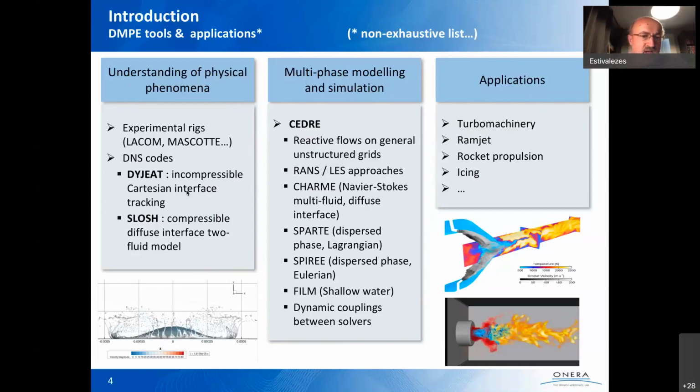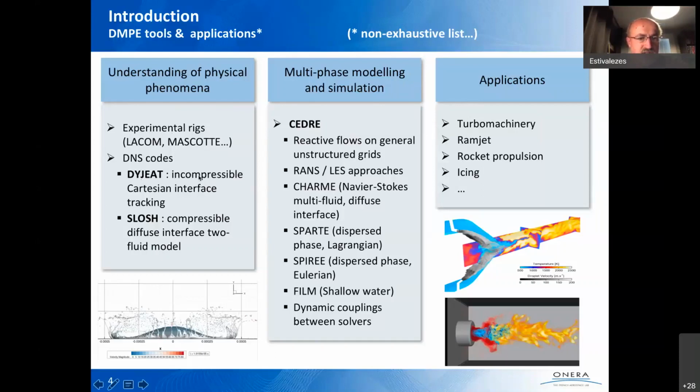This is the complement of experiments. We call that a numerical experiment, to get insight on generally some basic configurations, so academic configurations, which are simpler than the real problems, but which help us get more insight and more understanding on what's going on. So we have two codes to do that.